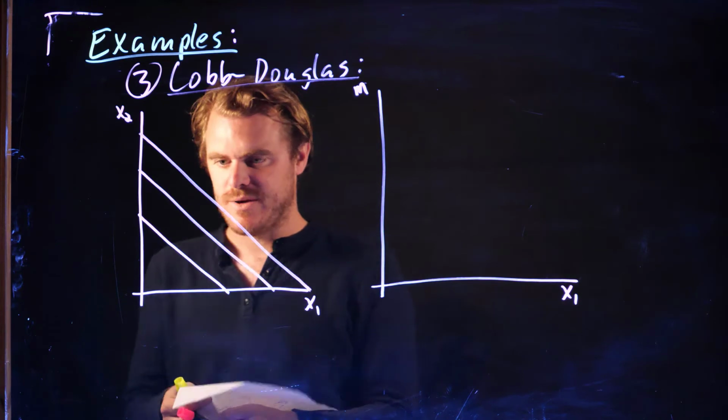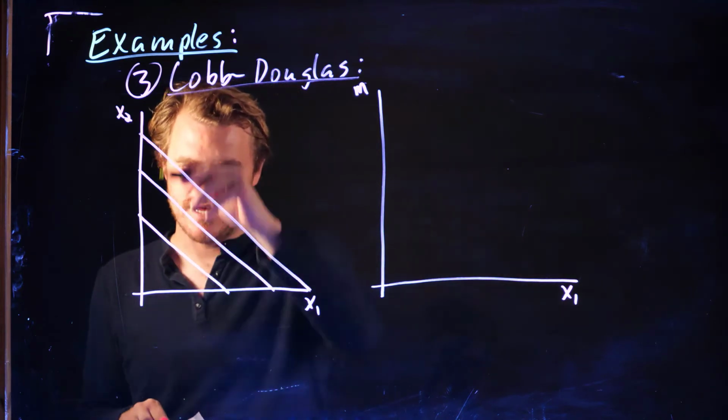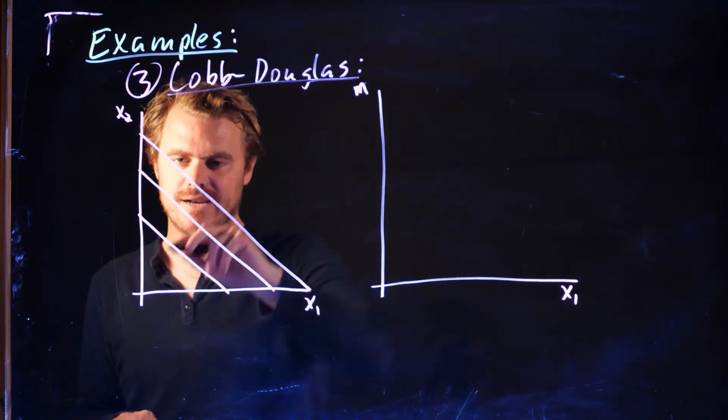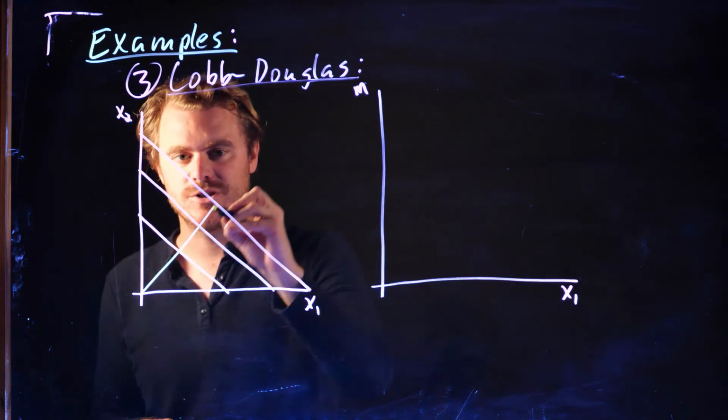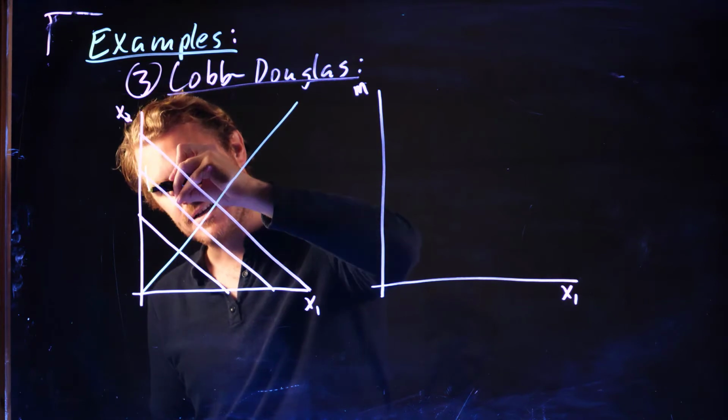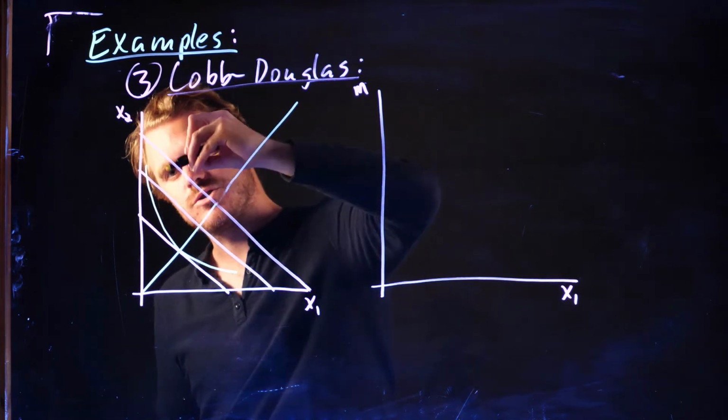And what's happening with these Cobb-Douglas, and I'm going to end up drawing this line, the income offer curve, before these other curves, is this should be this straight line again out of the origin, connecting all these different optimal choices.